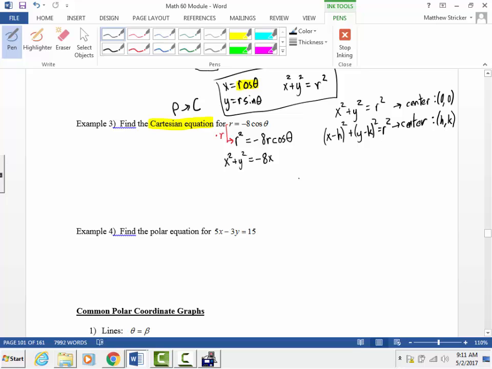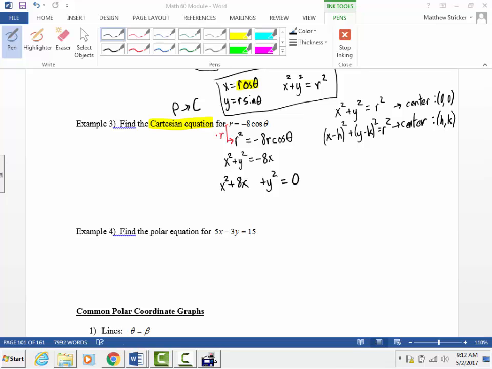So anybody have any ideas for how we could do that? Honestly, it's like move the 8x over to the other side. All right, so we move the 8x over, we have x squared plus 8x plus y squared equals 0.